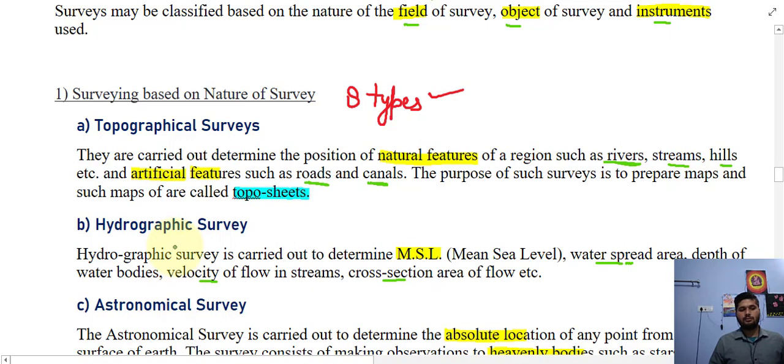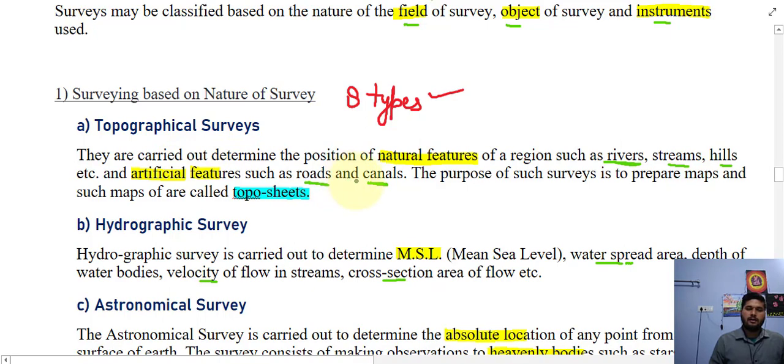Okay, so in this classification, just focus on the name of the survey. If you understand the name, then you will be able to answer the questions on surveys. The first type of survey is topographical survey.